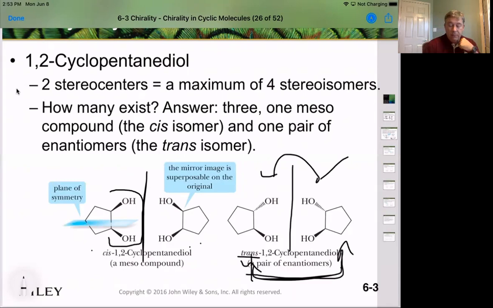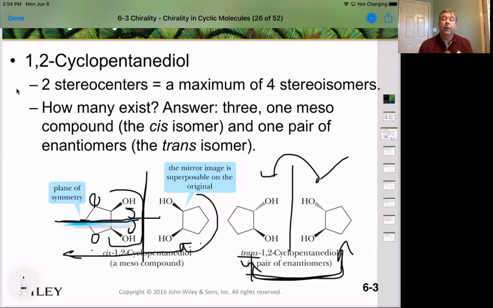However, if we took an imaginary plane of symmetry, drawing it through that carbon and halfway between the bonds here, the hydroxy on the top would mirror the hydroxy on the bottom. This methylene would mirror this methylene, and this carbon would be cut in half right here. Meaning that because we have this plane of symmetry, all we have to do is rotate this one 180 degrees and move it over here.